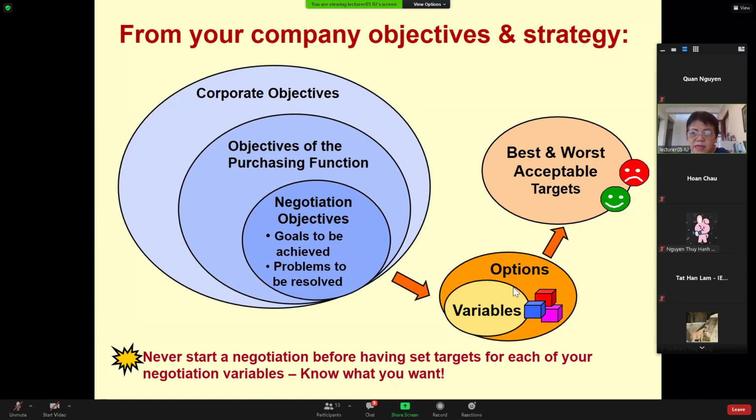Then this gives you the understanding of the overall picture and the individual picture. You define the options and the variables, and you come to, in your mind, what is the best case and what is the worst case.